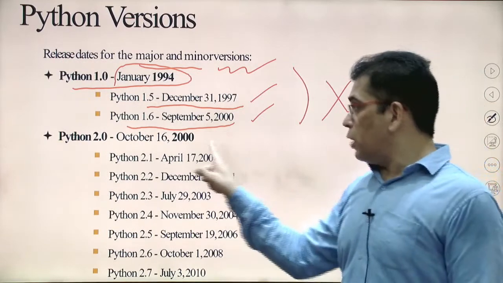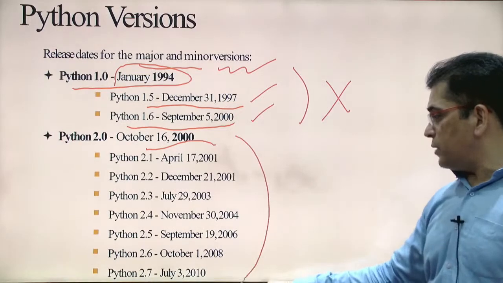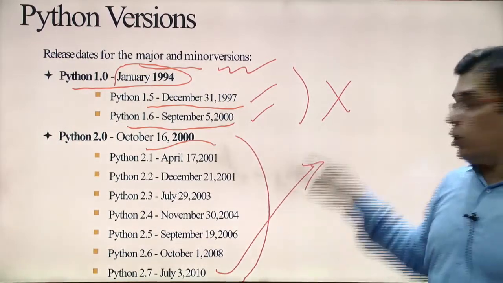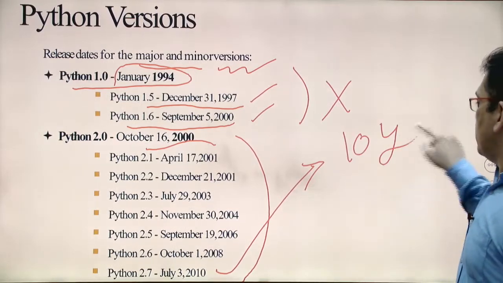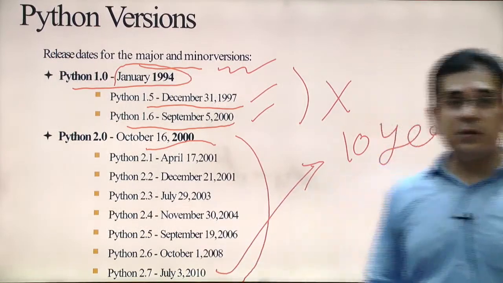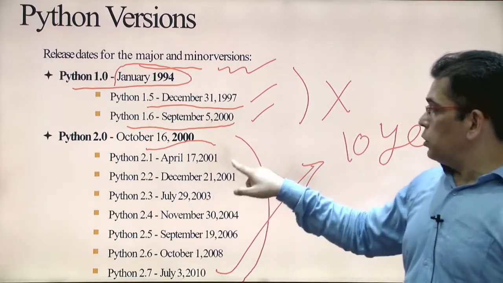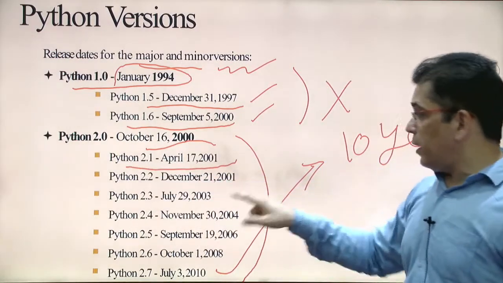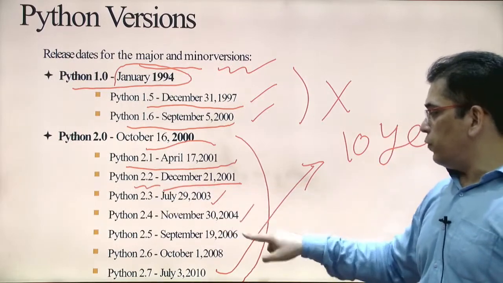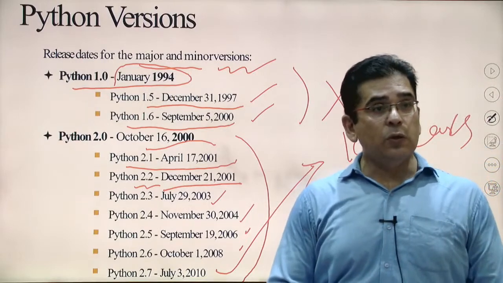Then in 2000, Python 2.0 was introduced. From 2000 to 2010, for almost 10 years, Python version 2.0 was in use. Python 2.0 came in December 2000, and Python 2.2 came in 2003, then 4, 6, 8, 10. So these are the different versions of Python.